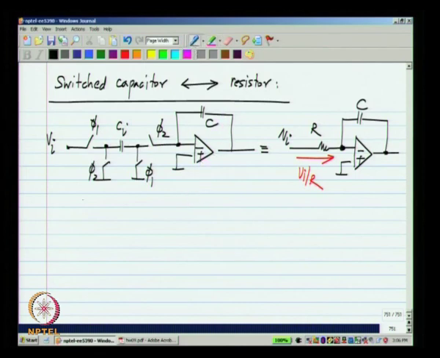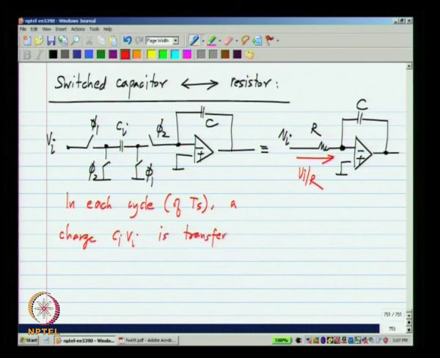So, what happens is there is not a steady current that is flowing here even if Vi is a constant, but what happens is in each cycle of duration Ts, a charge Ci times Vi is transferred to C. Okay. Essentially it corresponds to some average current flowing that way.